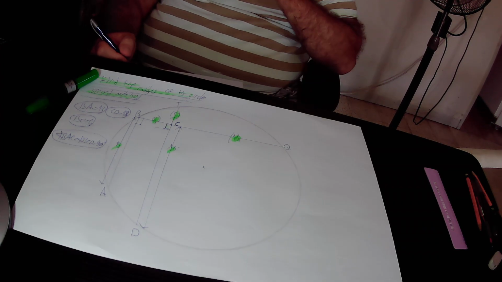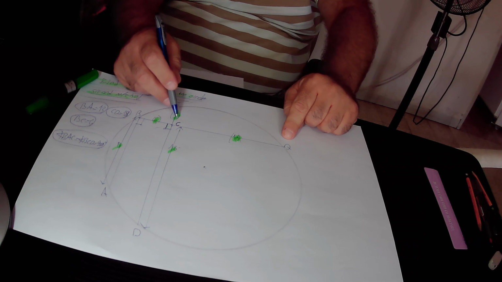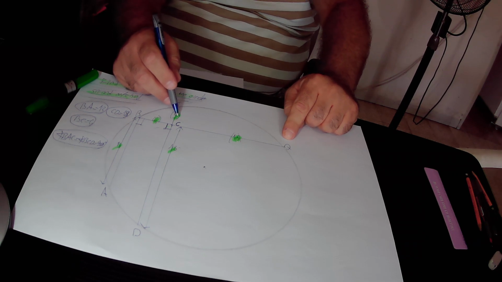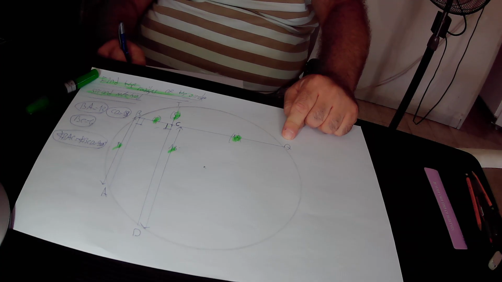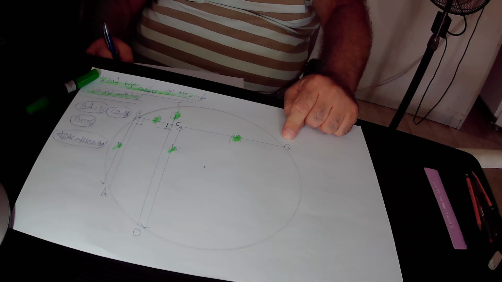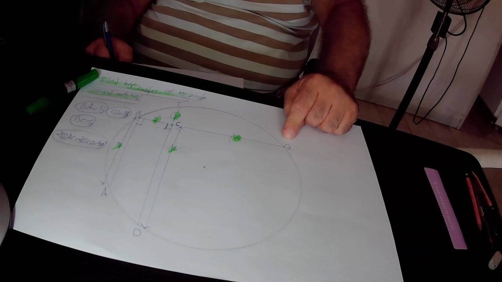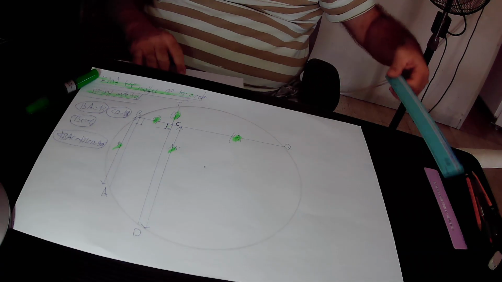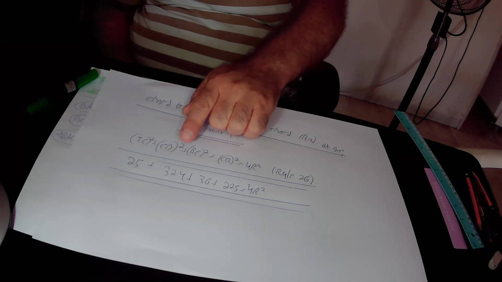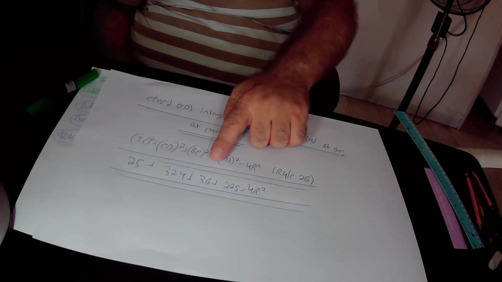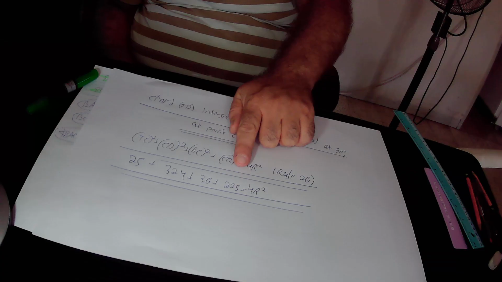Plus CQ squared. CQ is 15, therefore CQ squared is 225. And it is equal to 4R squared. So in total, according to Rule 26, 25 plus 324 plus 36 plus 225 equals 4R squared.